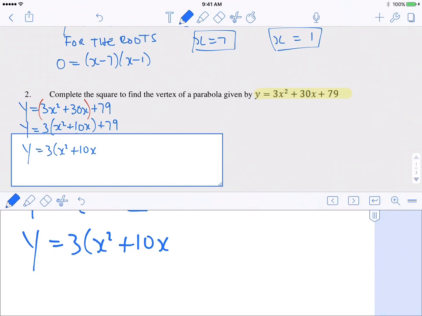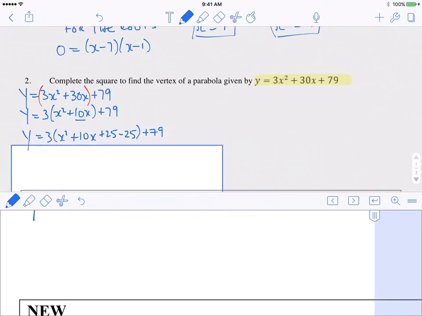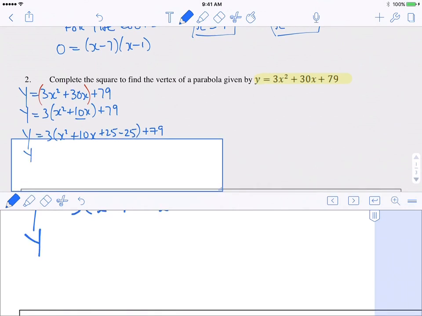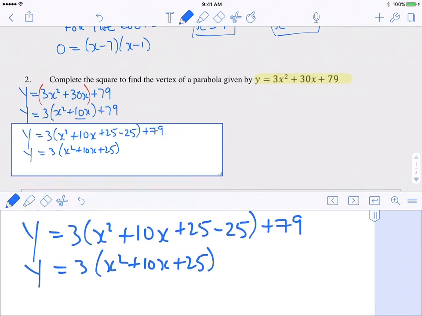Half of 10 is 5, squared is positive 25. We're going to add that, and we're going to subtract it. The reason why we add and subtract it is because technically it doesn't change the equation. We've maintained the integrity of the equation. Now we have y equals 3 bracket x squared plus 10x plus 25, and we want to get rid of this negative 25.